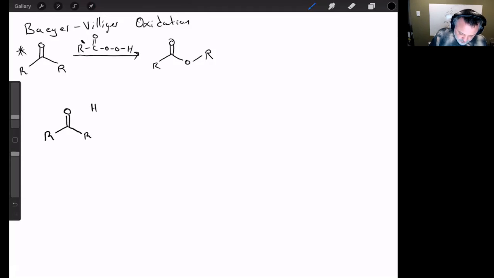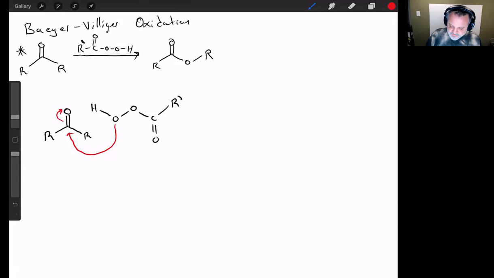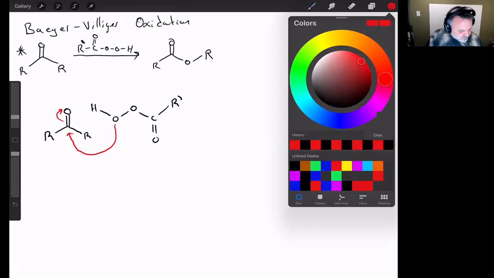What I want to do is make sure that I'm keeping track of the different R groups, because which R group stays is the ones that were already on the carbonyl carbon. This oxygen does a nucleophilic attack.